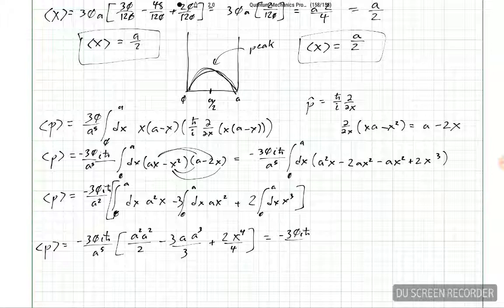So let's simplify that out. We all have the same power there, which is very nice. And we do want to check on those units. Our units of momentum, as just a quick reference, should be h bar times inverse meters.